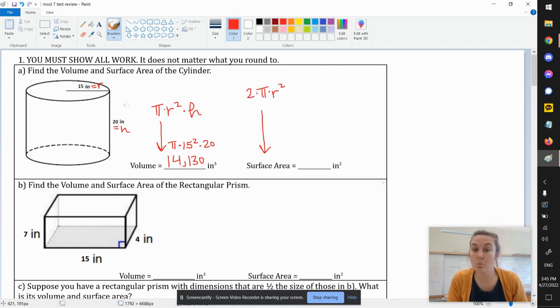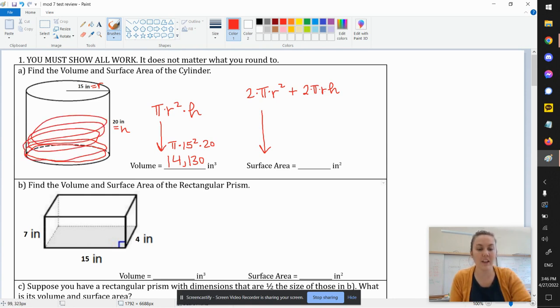The surface area of a cylinder is the top area, pi r squared, plus the bottom area. So that means there's two pi r squareds. And then we're gonna add in the around part. The around part is 2 pi r times h. What we can think about this is we do the circumference just like a bunch of times, h times.